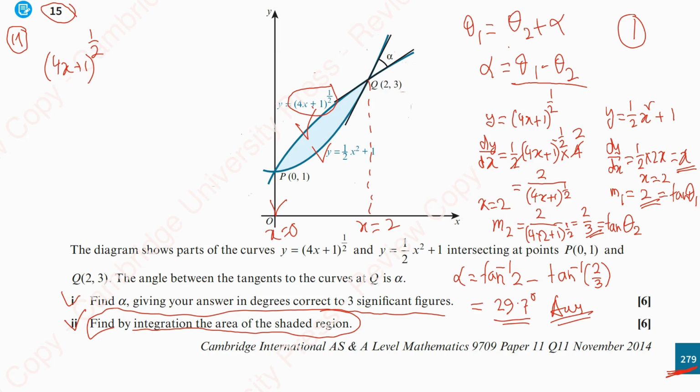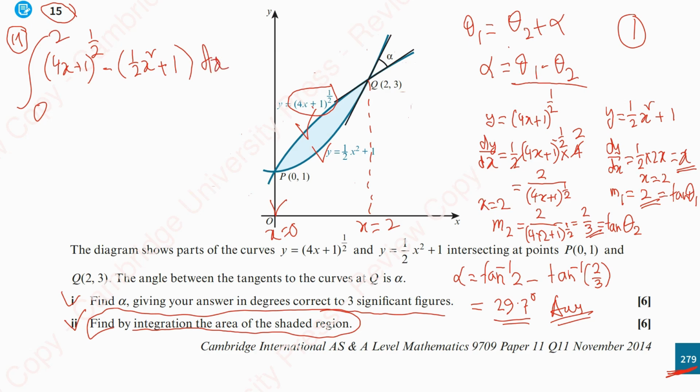Then the curve written below, which is minus half x square plus 1, and we have to integrate from the left side to the right side, where the limit is given here from 0 to 2. This is our strategy to do this question.